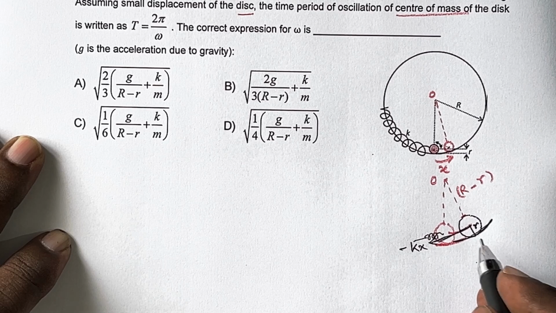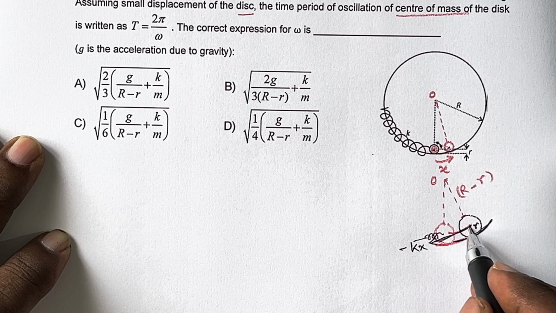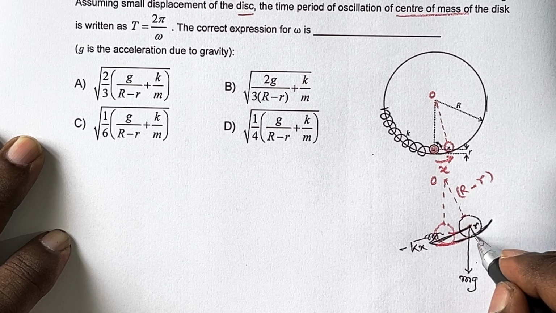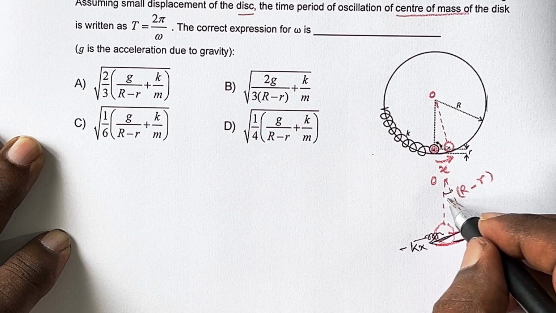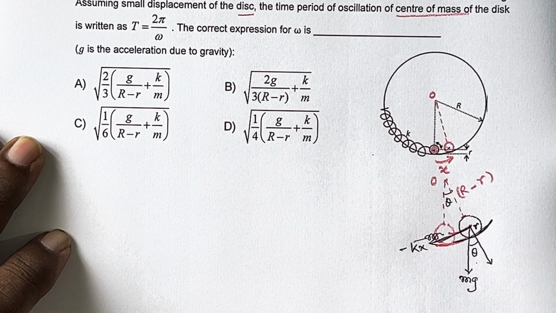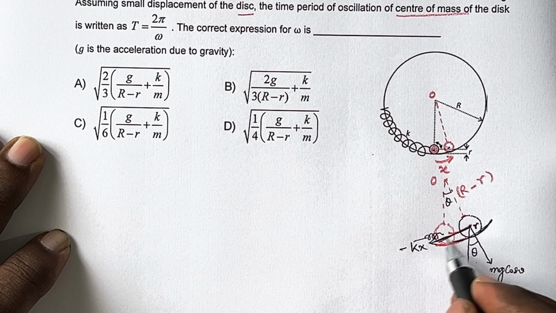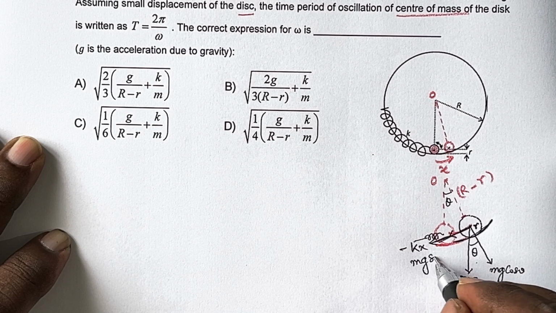Now, when this disc is moved here to x distance, the weight of the disc works vertically downwards, and let us resolve this weight. Here it is theta displacement, so here it is also theta. This is mg cos theta, and in the same direction, mg sin theta.